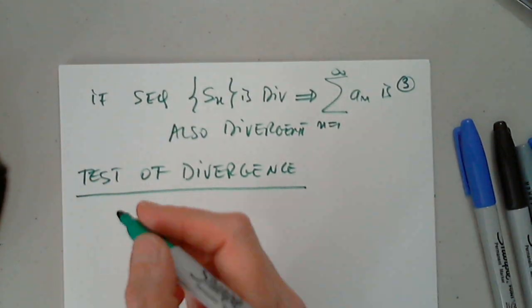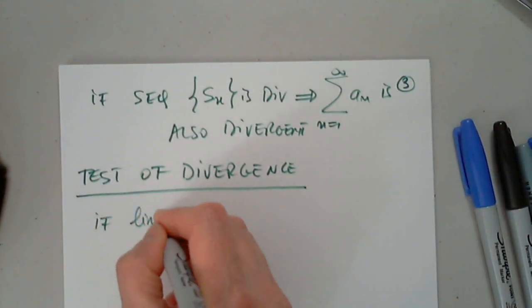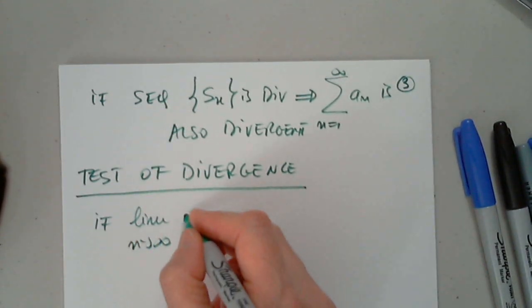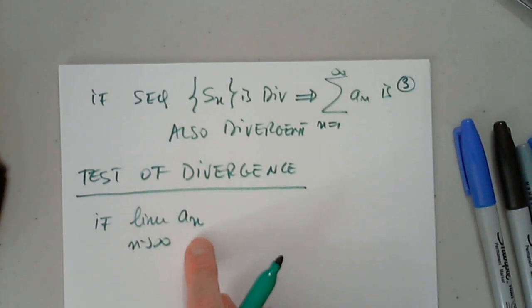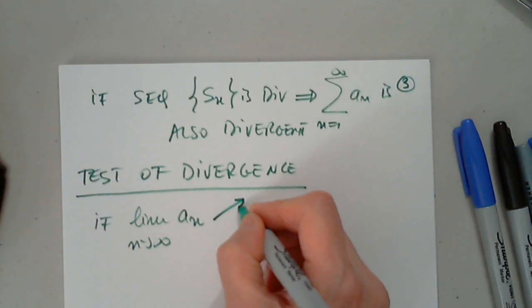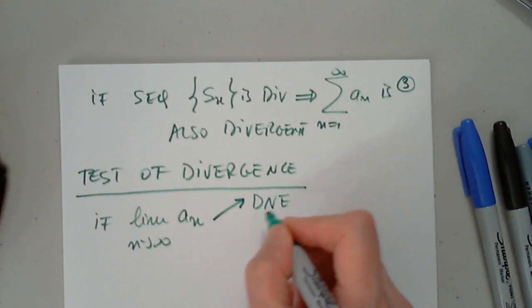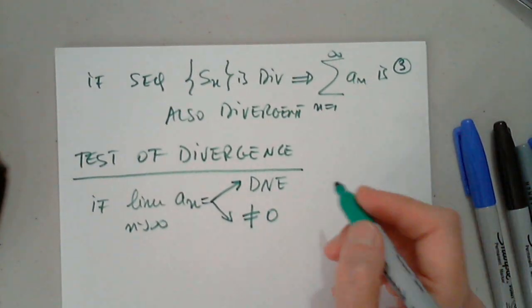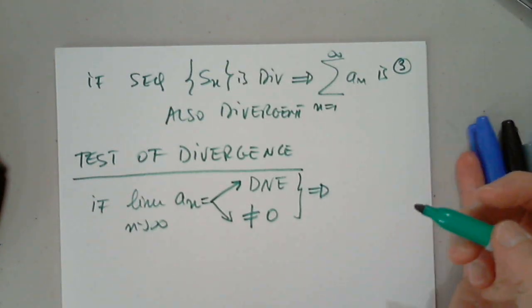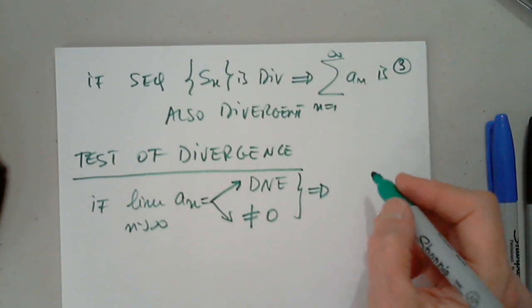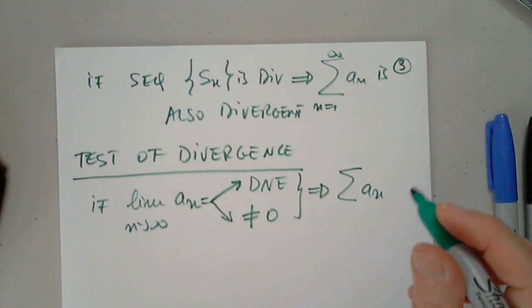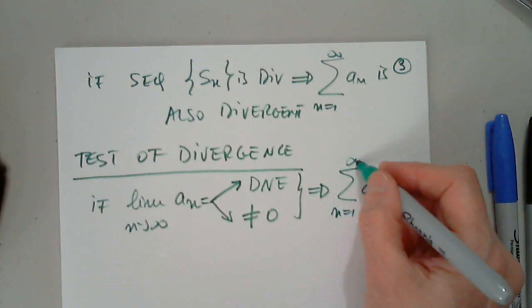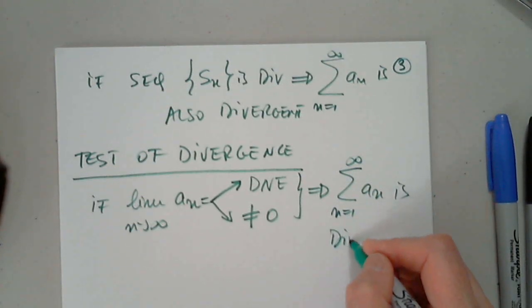The test of divergence says that if the limit as n approaches infinity of a sub n, careful, this is the general term of the sequence, not the partial sums, does not exist or is not 0, then the infinite series from n equals 1 through infinity is divergent.